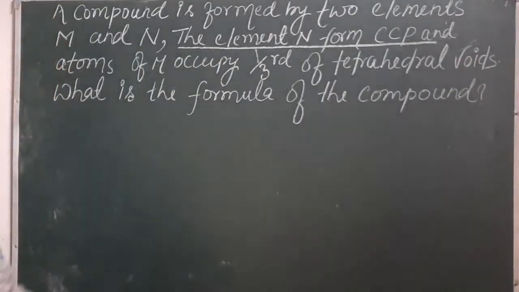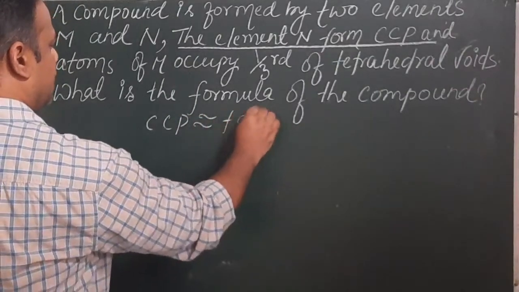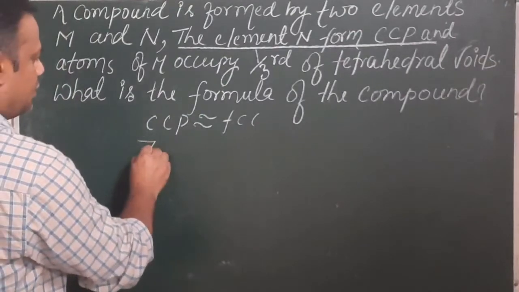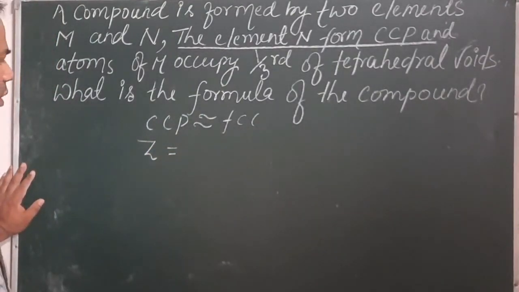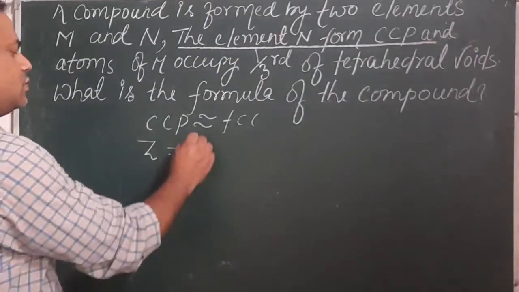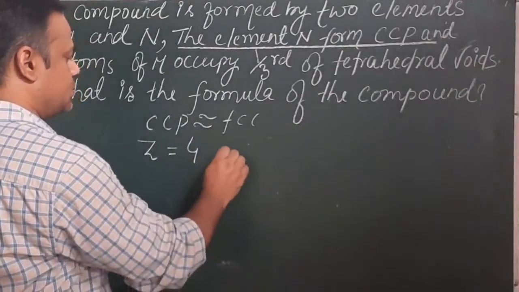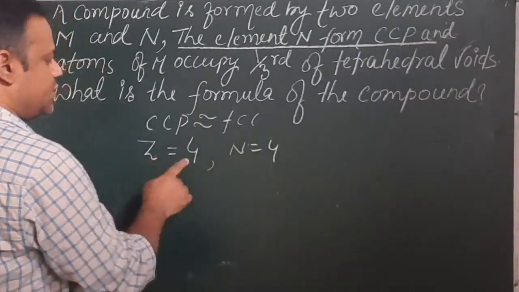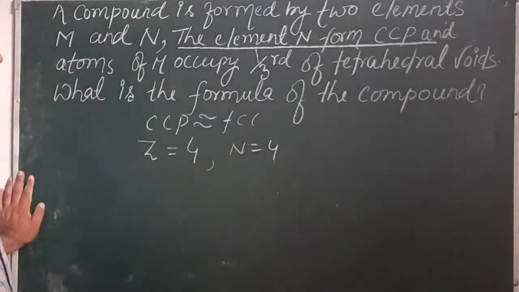So whenever CCP is there, then you have to take the FCC unit cell, face centered unit cell. So from here we can calculate the total number of atoms per unit cell, and in case of FCC we know that the total number of atoms or constituent particles per unit cell is equal to 4. So we have n or Z equals 4. Number of constituent particles per unit cell is 4, and the same will be the value of n.